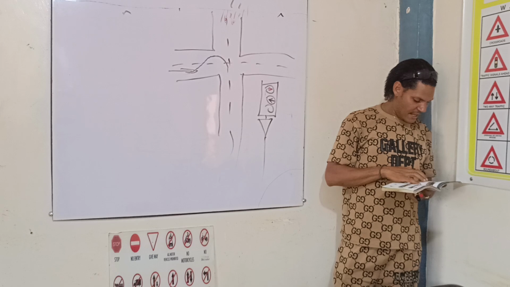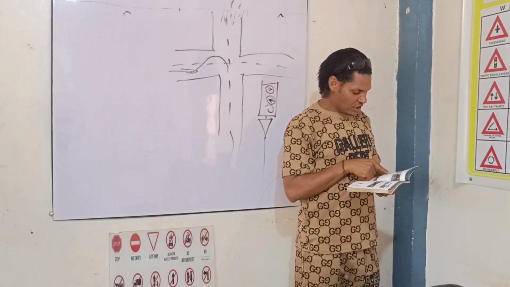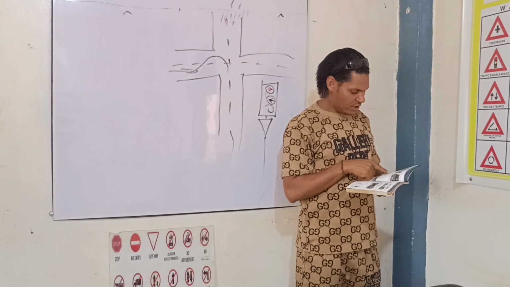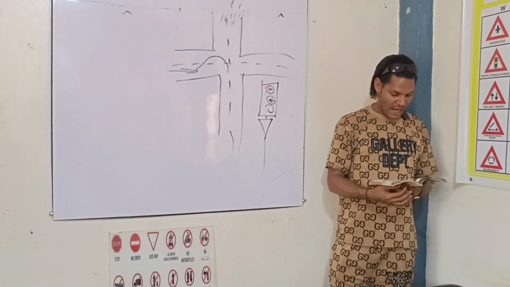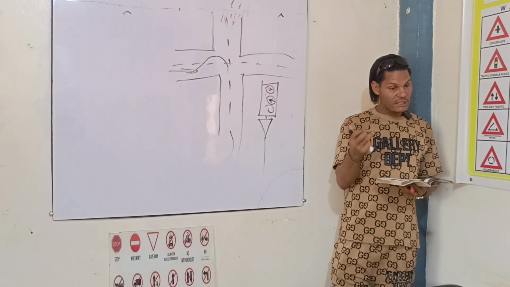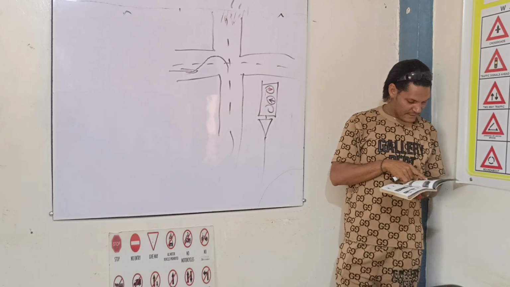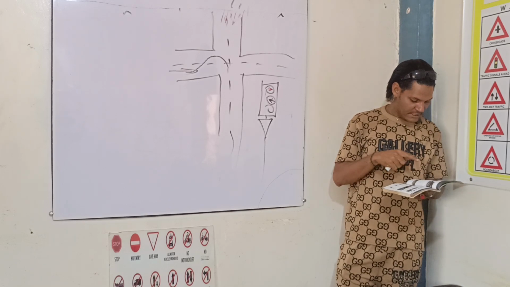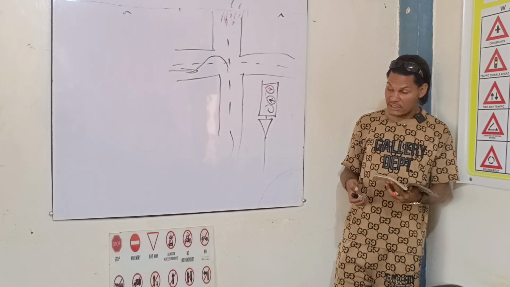They say other lights here, things that you may not understand. Amber flashing light in the place of a green. The green light is always on, but instead, in that position where the green was, you see a yellow light flashing. What does it mean? They say respect the signal and the rule of priority.